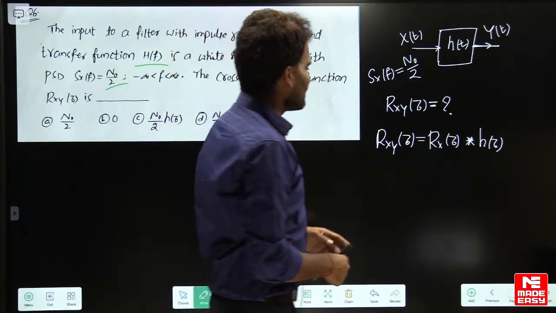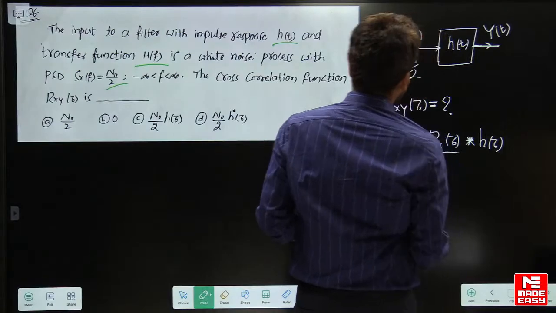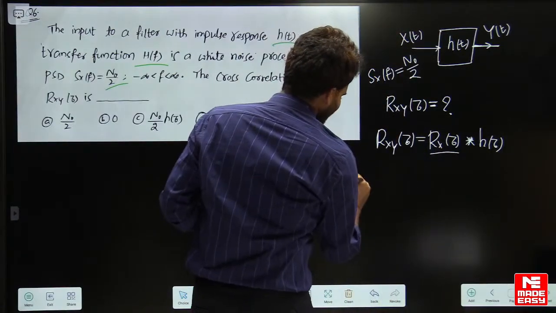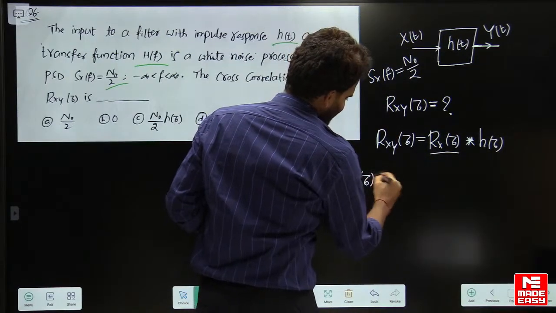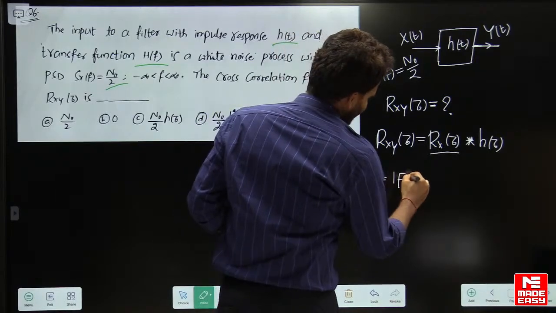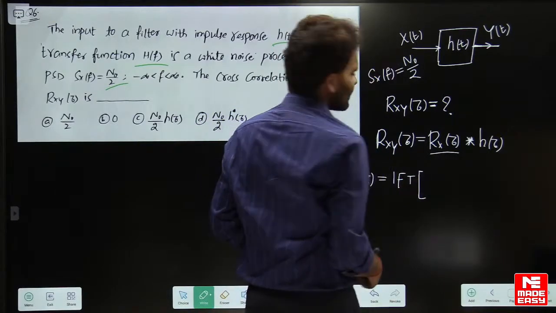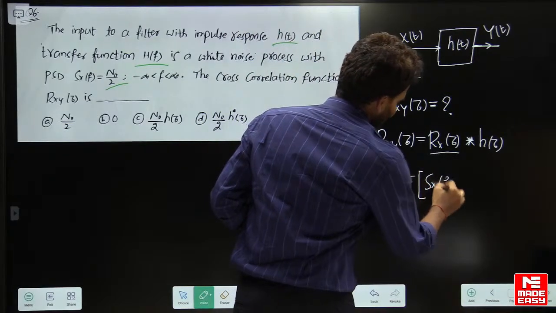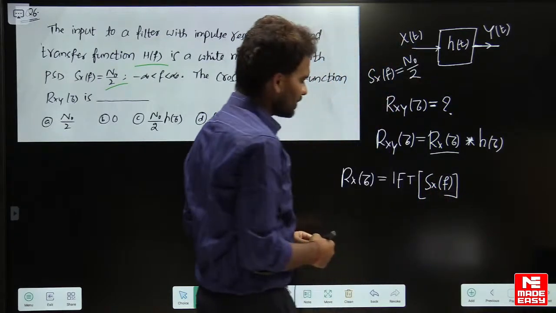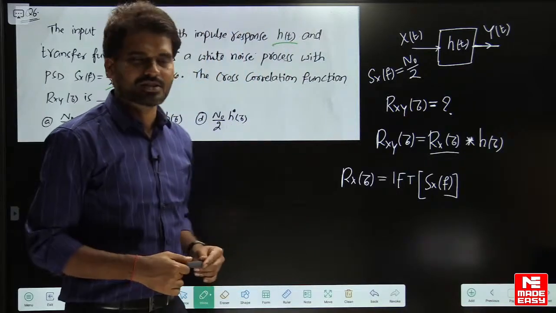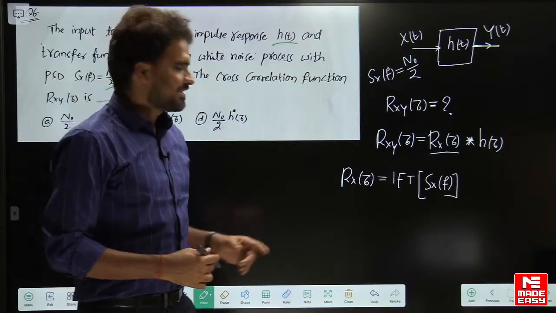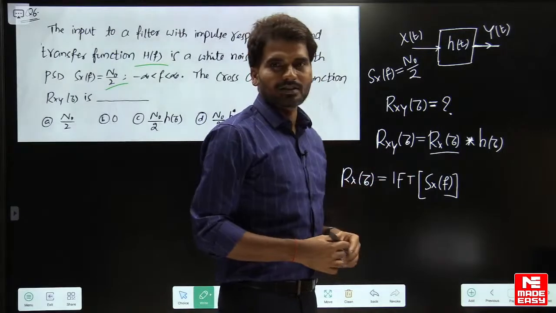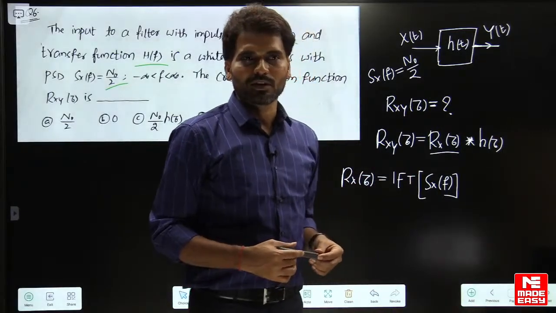Now, Rx tau is the autocorrelation function of the input. To get the autocorrelation function from the power spectral density, the inverse Fourier transformation of the power spectral density will give you the autocorrelation function. The autocorrelation function and power spectral density are Fourier transform pairs.